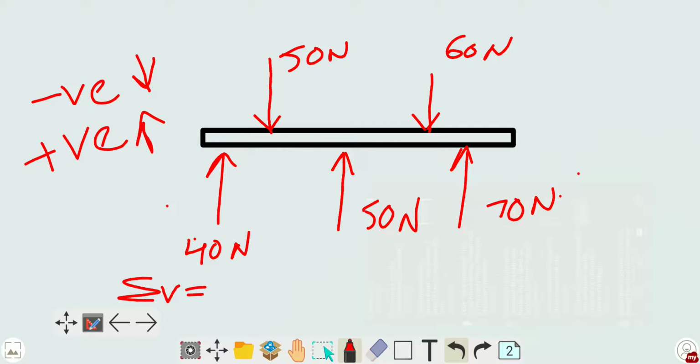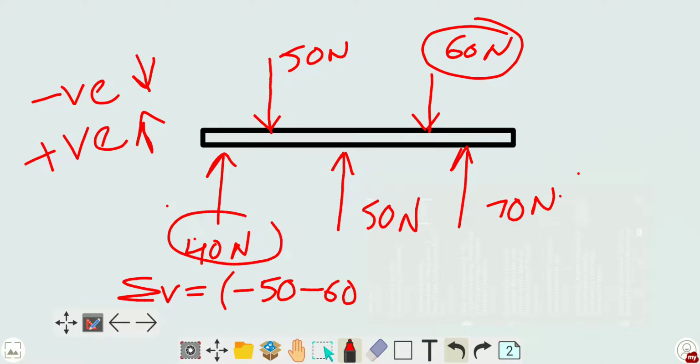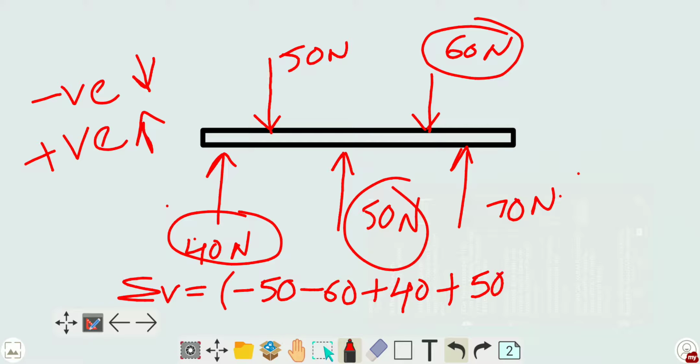So 50, which is acting downwards, is taken as minus 50. Let us not write newtons now, and we will write it at the end. There is another force, 60, which is pointing down, so minus 60. We have this force 40 which is going up, so plus 40, plus another 50 pointing up, plus 50, and we are left with 70 which is pointing up, plus 70.